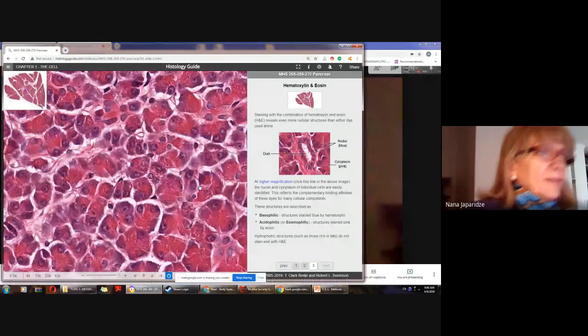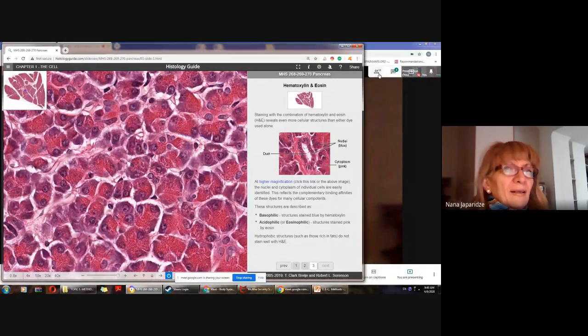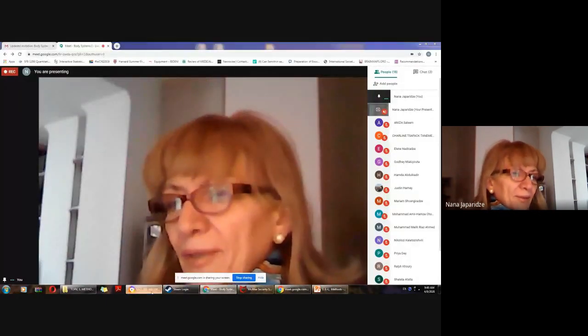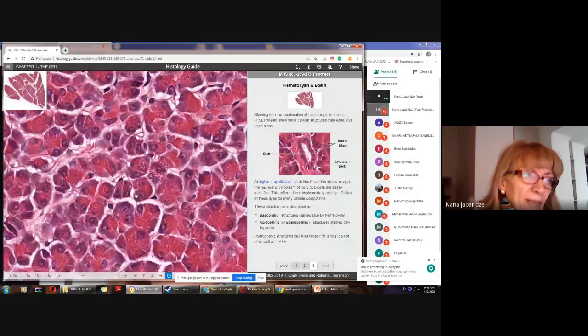Look here. You can see the cells with a nucleus, with a nucleolus, cytoplasm of cells, part of which is dark stained, dark blue. Part of them is more reddish.